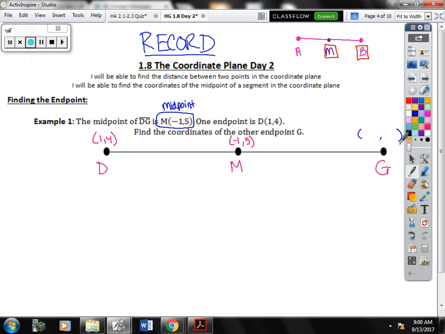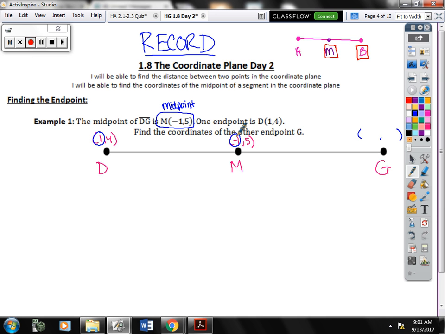So the logical way to do this is to remember that the midpoint is going to be the same distance away from both endpoints, right? So if you compare the x values, how did they get from 1 to -1? What did they add or subtract to get from 1 to -1? 1 plus what gets me -1, or 1 minus what gets me -1?